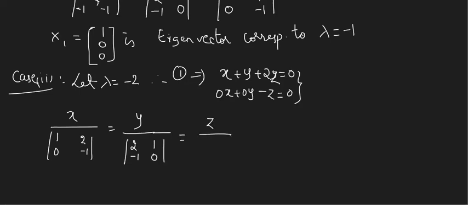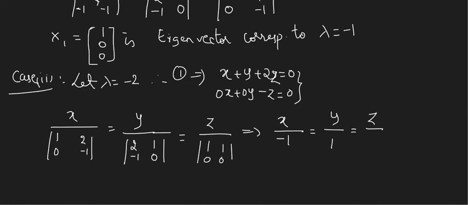Z upon 1, 1, 0, 0. So tell me what you'll get. X upon -1, 0 means -1. Correct? Y upon 1, this is 0 minus of -1, plus 1. Z upon 0.